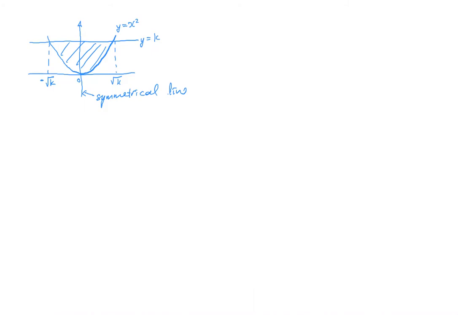Okay, someone has suggested that the blue area, this is y equal to k, this is y equal to x squared, this area bounded by 2 curves, he imagined it as a rectangle. The width is 2 root k and the height is k. Okay, then that is a rectangle.